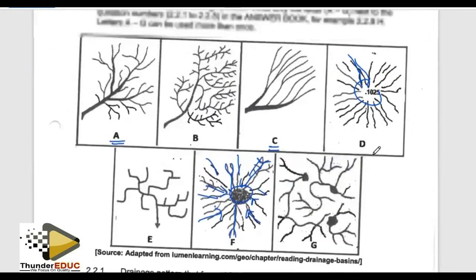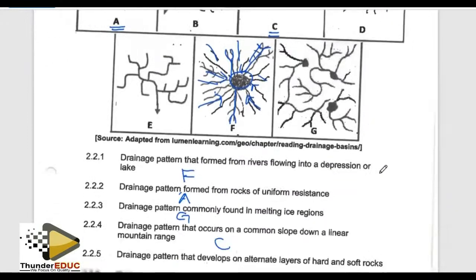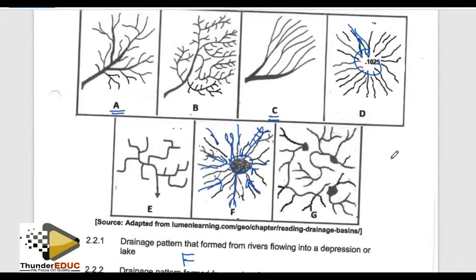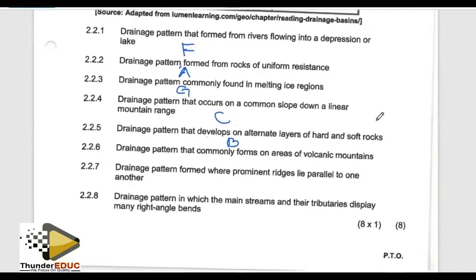It has to be trellis, which is B. Then 2.2.6, a drainage pattern that commonly forms on areas of volcanic mountains. That would be D.